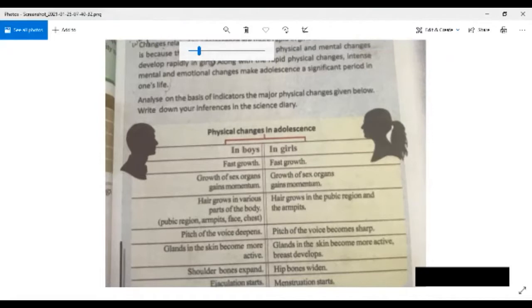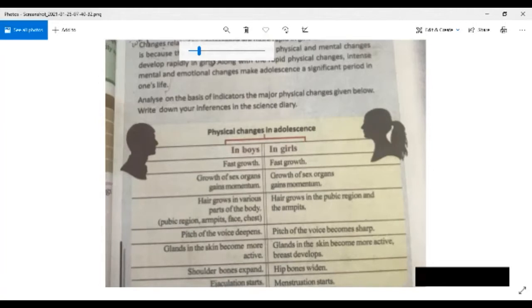Here you can see the physical changes in the adolescence of a boy and a girl. Fast growth is happening for both, but a little more for the girls. In boys, growth of the sex organs gains momentum, and in girls, growth of the sex organs gains momentum too.